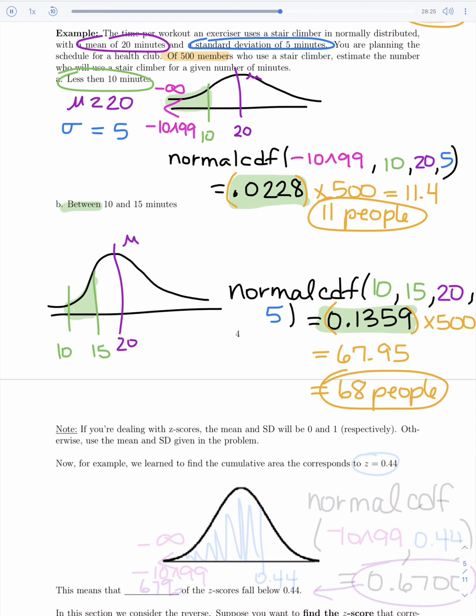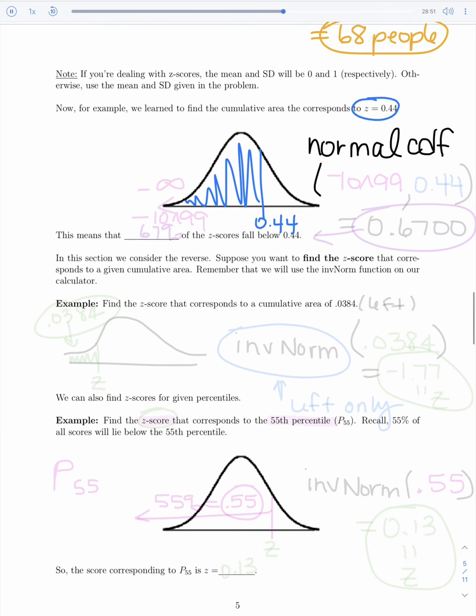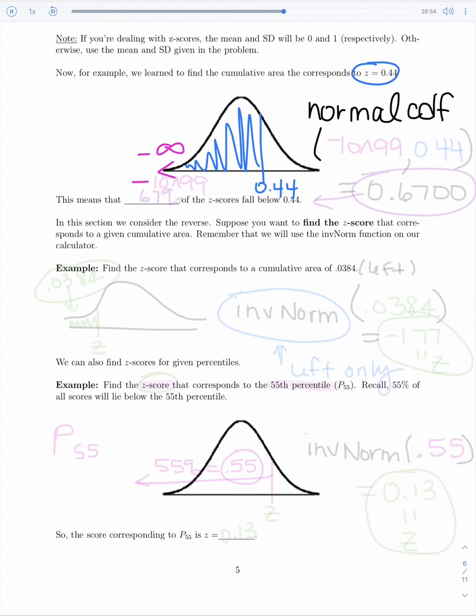So what we've been doing is using our normal CDF to find the area. Remember, when we had Z's in the last section in 6.1, we would take something like 0.44 and find the area to the left or below it by taking a normal CDF. If it starts off going towards negative infinity like this one did, we started out with a negative 10 to the 99th, comma, and we ended at our stopping point at 0.44.